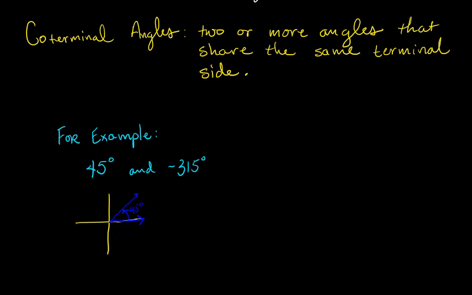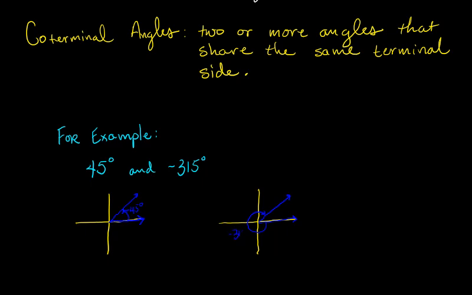Now, negative 315 degrees is not the same angle because obviously it has a different value, but if we were to draw the angle in standard position, we have our initial side, and negative 315 means we go in the opposite direction. All the way around is 360, so it's going to stop 45 degrees short of 360, and it's going to end in the same spot.